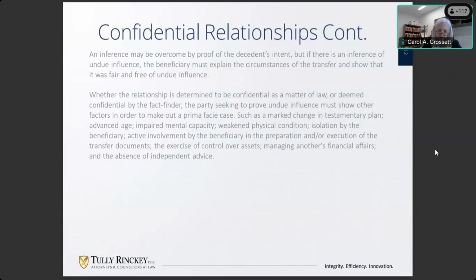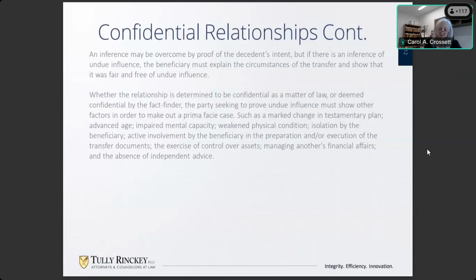In Zarinsky, which is in your material, the proponent, an attorney and a co-trustee with the decedent of a trust established for her benefit, was in a confidential relationship. They selected the attorney who drafted the will, they attended meetings and so forth, or the first meeting at least with the attorney draftsman, but he was also the decedent's son.